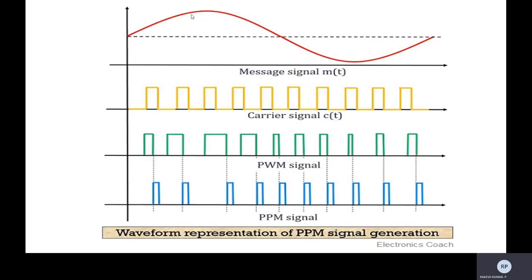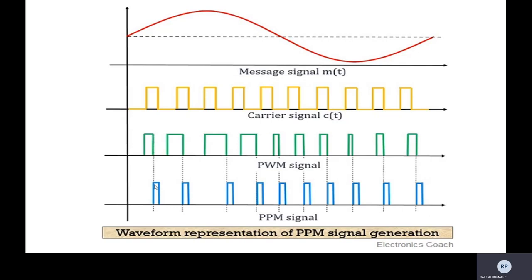The PPM signal will be obtained only based on the pulse width modulated signal. All the PPM signal pulses start at the falling edges of the PWM waveform.